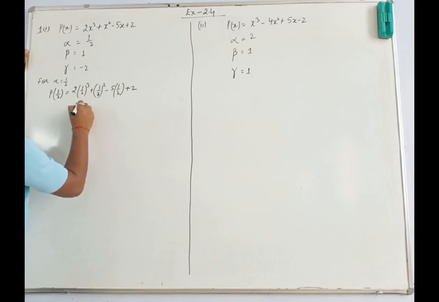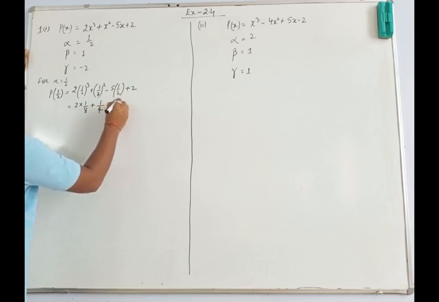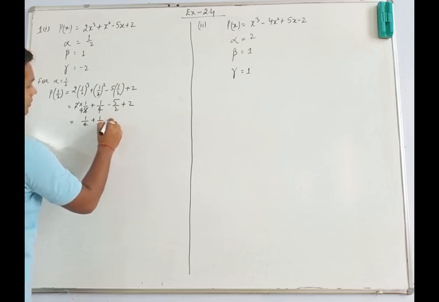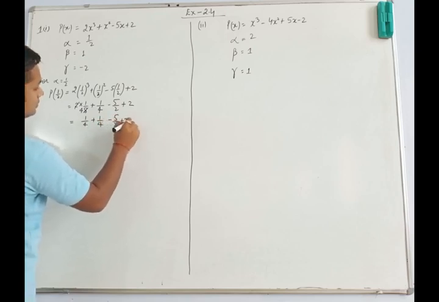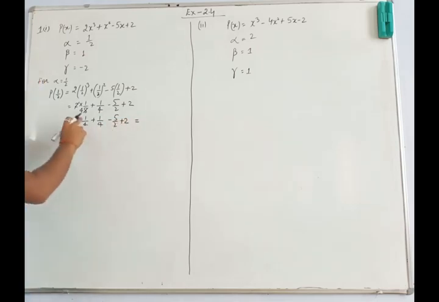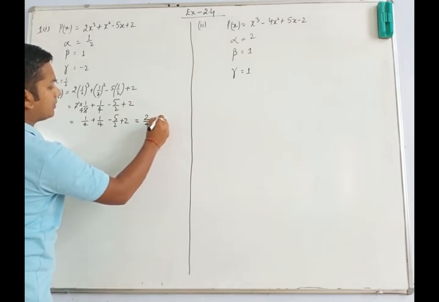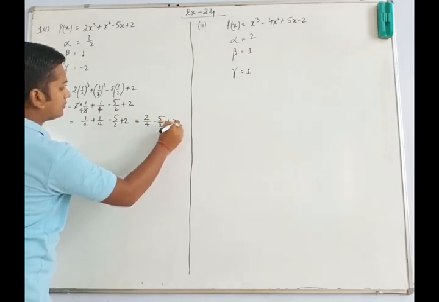Now 2 into 1/8, so 1 upon 4, plus 1 upon 4 minus 5 by 2 plus 2. Solving again, 2 upon 4 minus 5 by 2 plus 2.